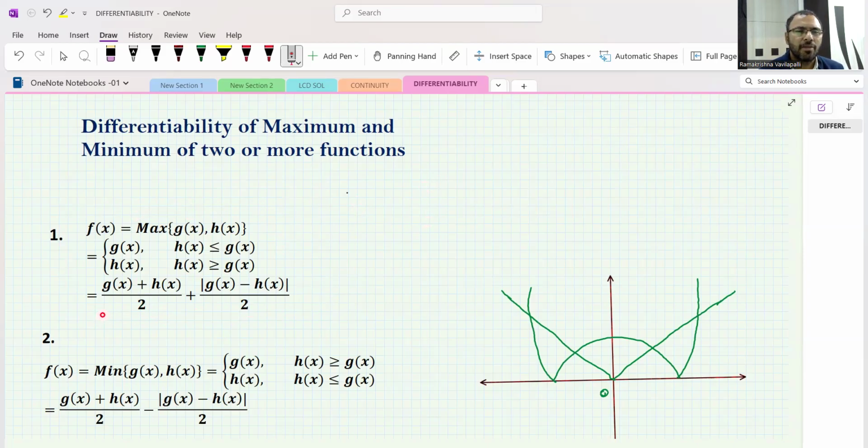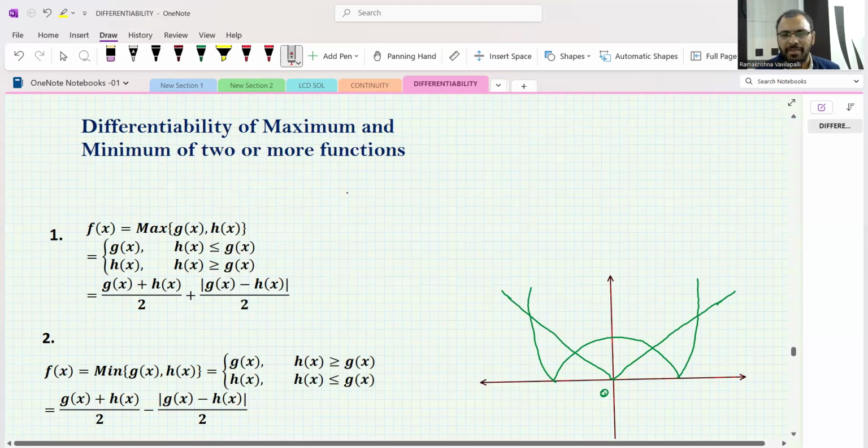What is this? g of x plus h of x by 2, plus modulus of the difference by 2. Here the modulus is there. You can verify it. If g is greater than or equal to h, then you can write g minus h by 2, h by 2 and h by 2 will be cancelled. Then you will get g of x.